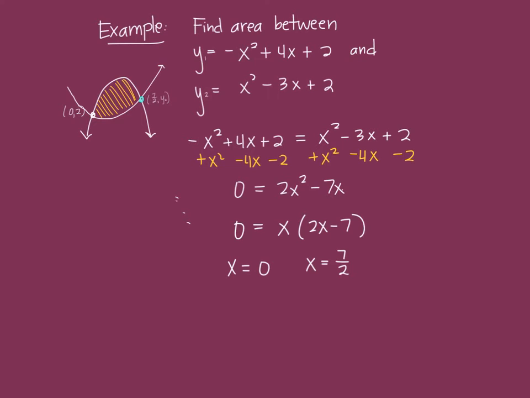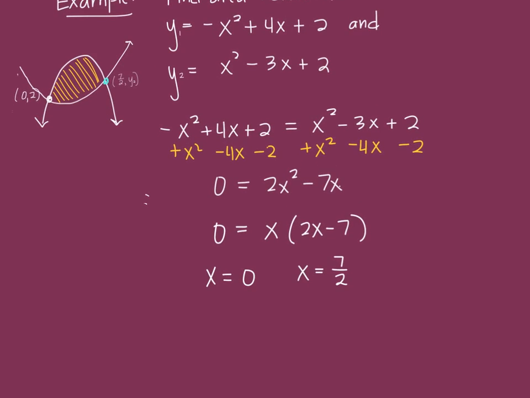So now our algebra is done. We're ready to do our calculus, which is setting up an integral. So the integral will go from the bounds of 0 to 7 over 2, parentheses. The upper equation is the one that was formed by the upside down parabola.